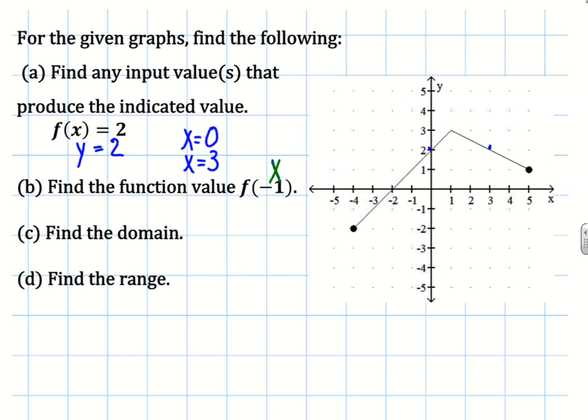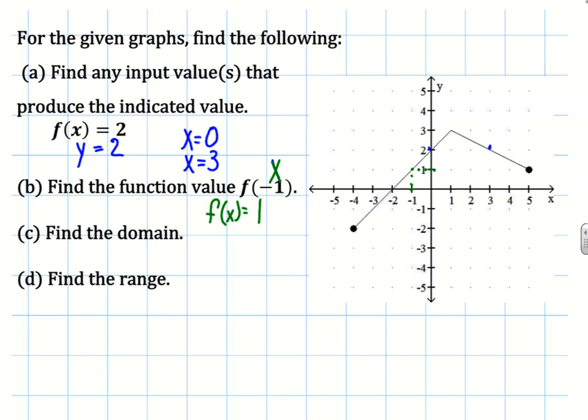X here is equal to negative 1. I go to my graph at negative 1, and I want to find out where y is. So f of x, or y, would be equal to positive 1.